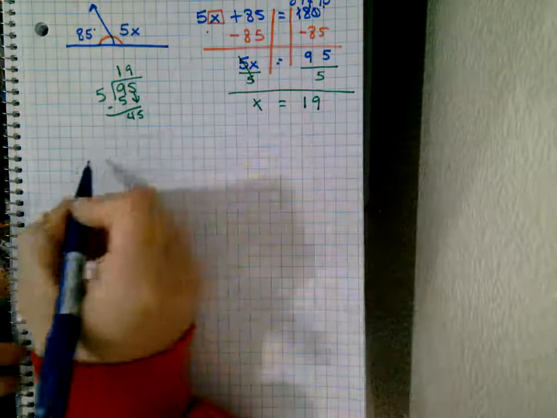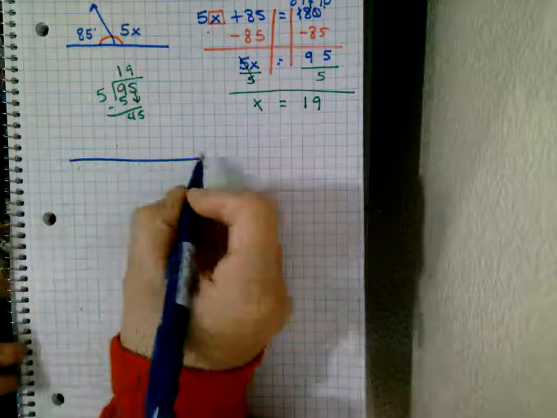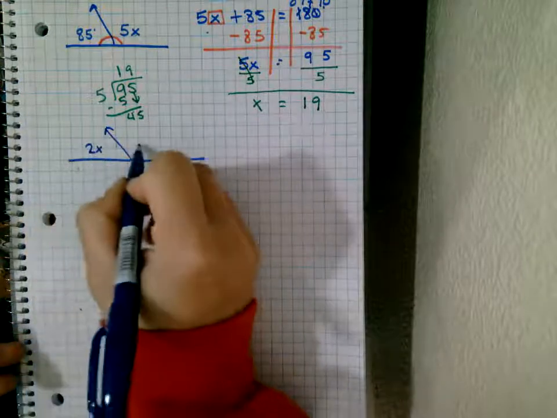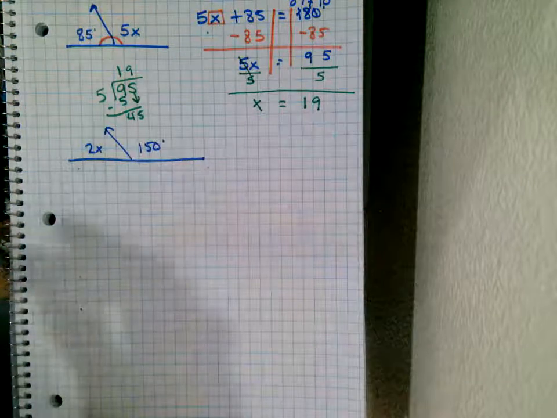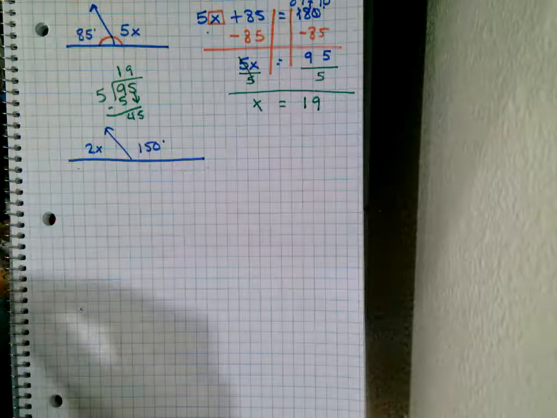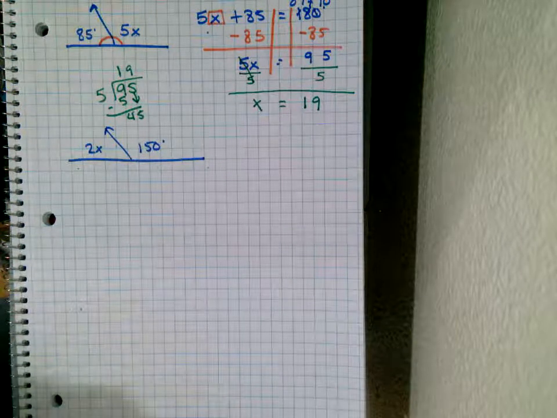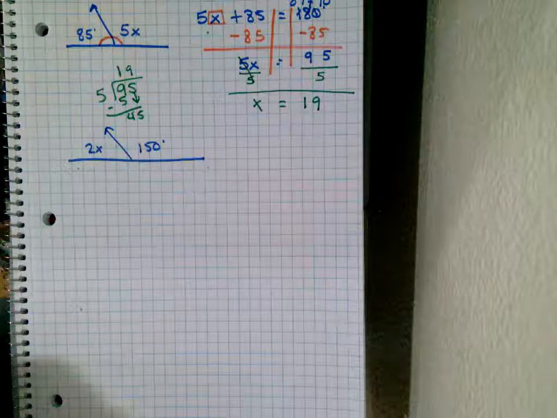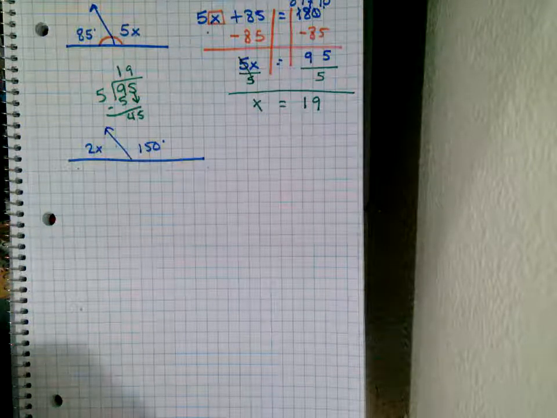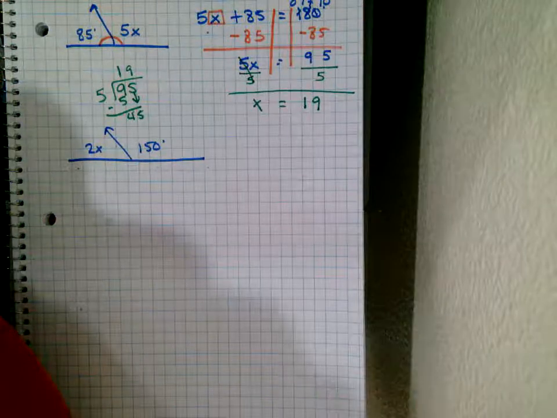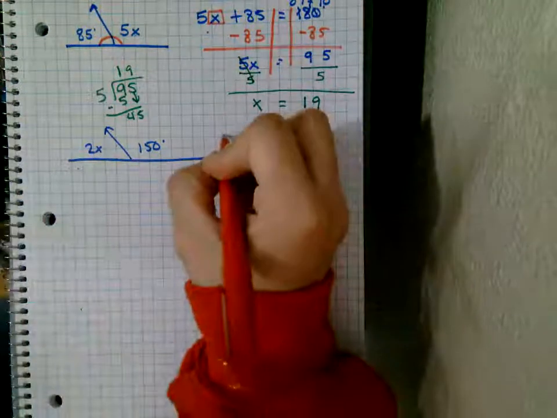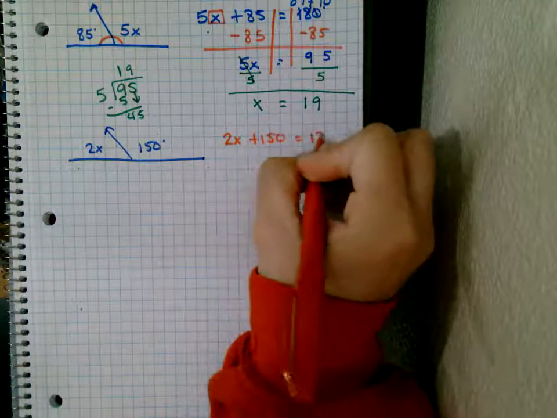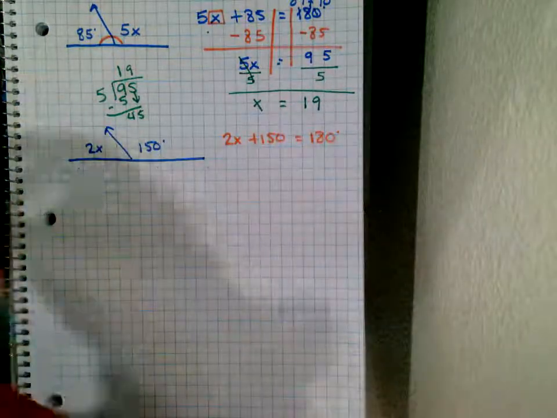All right, let's do another one like this. 2x and 150 degrees. So we're going to go with 2x plus 150 equals 180 degrees.